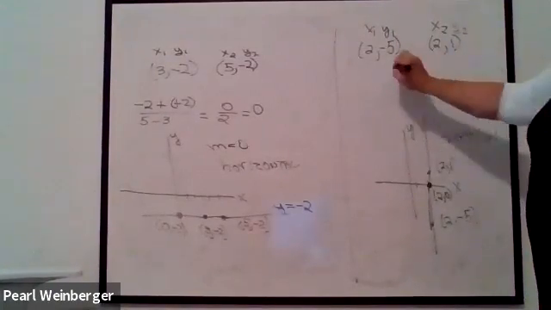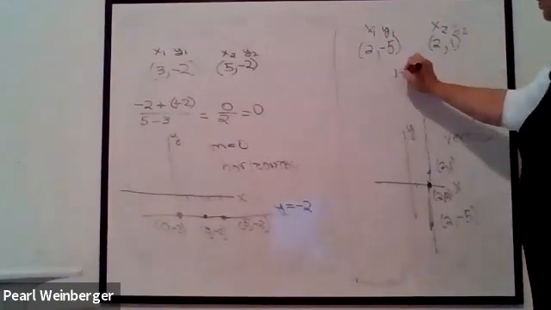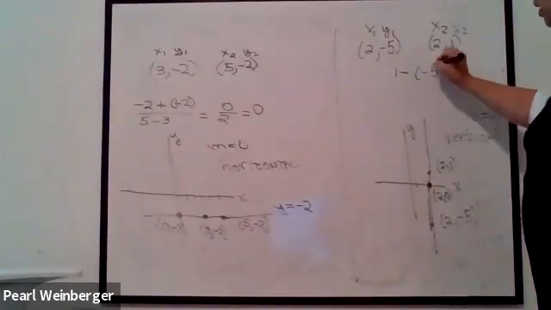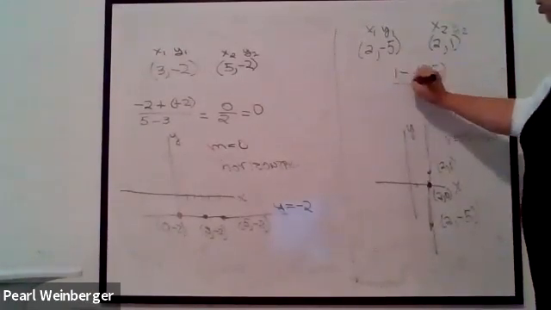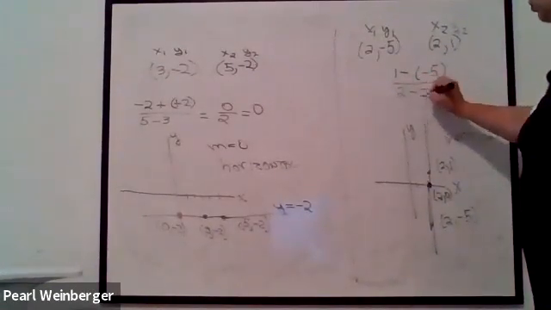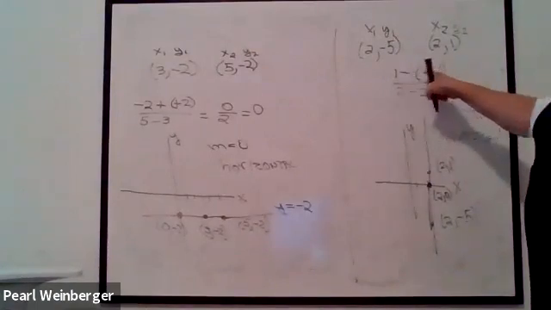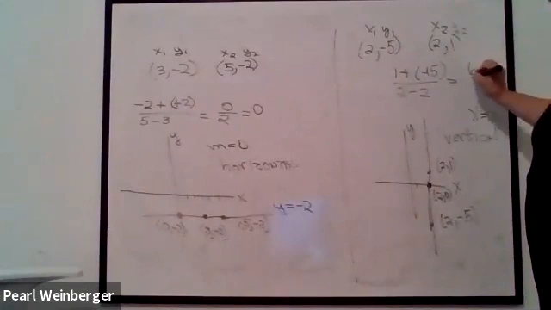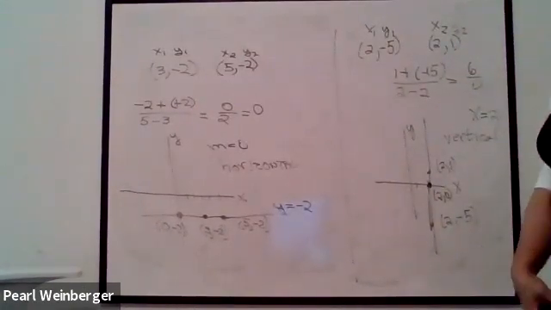I'm going to do y2 minus y1, so it's -1 minus -5 over x2, which is 2, minus 2. So again, we have this minus and minus, which becomes a plus, so I get 6 on the top, and on the bottom, I'm getting a 0.